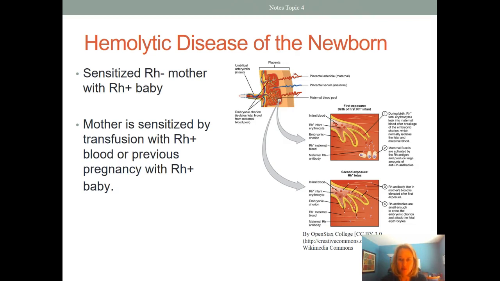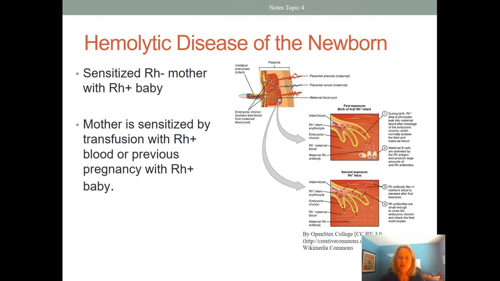So let's talk about how this occurs. Her first exposure occurs with the birth of the first Rh positive infant or transfusion. Okay, so during birth, when the placenta tears away from the uterus, some of those fetal red blood cells can leak into the maternal blood, and that's going to cause the mother to become sensitized and to produce antibodies against the Rh antigen.